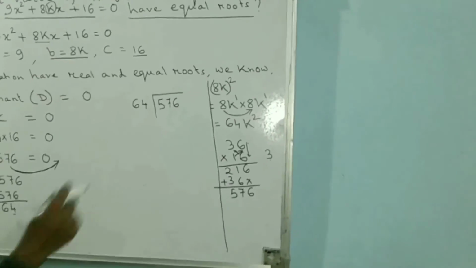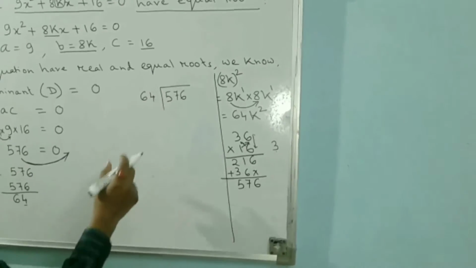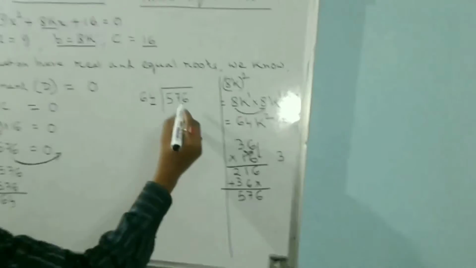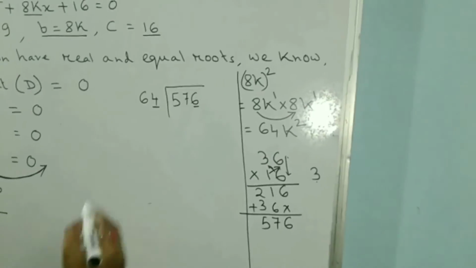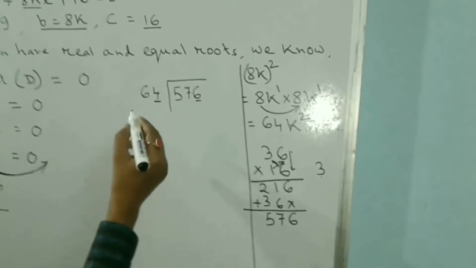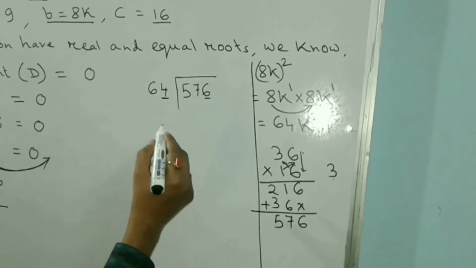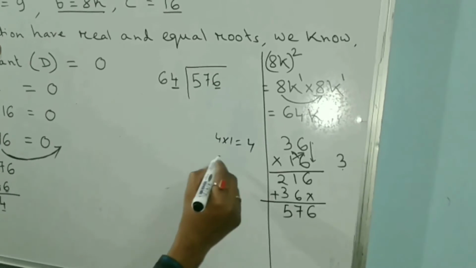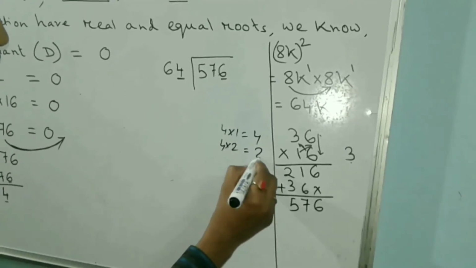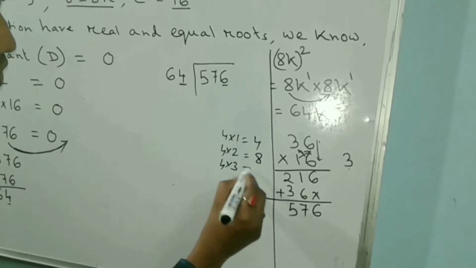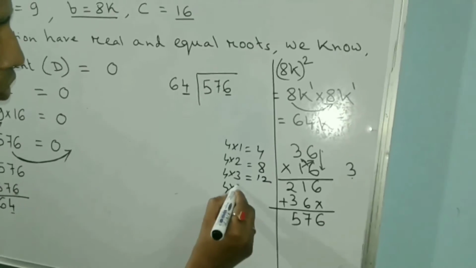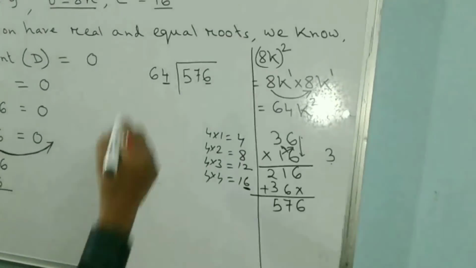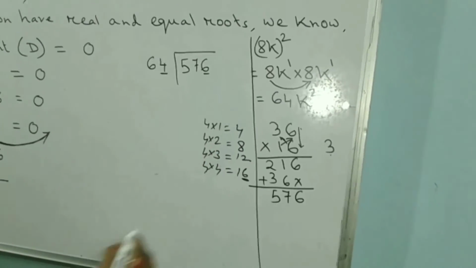Here we have 4 and the last number here is 6. If you read the multiplication table of 4, 4 into 1 is 4, 4 into 2 is 8, 4 into 3 is 12, 4 into 4 is 16, so the last number is coming 6. So let us try.